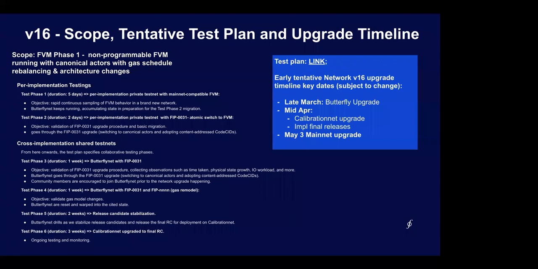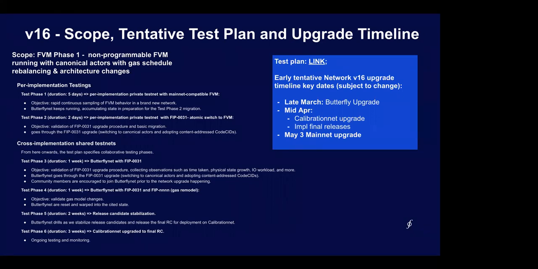I want to emphasize the scope: network V16 is going to be rolling out FVM phase 1, non-programmable FVM with canonical actors, which introduces gas schedule rebalancing and architecture changes, and also has content-addressed CIDs for the things. All the tentative test plans are available in FIP 13.1 itself, which the draft got merged this morning. So take a look there for the detailed test plan.